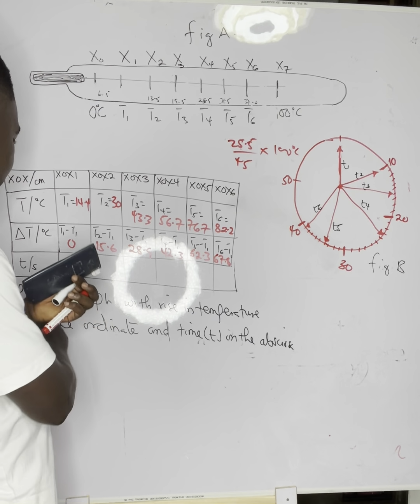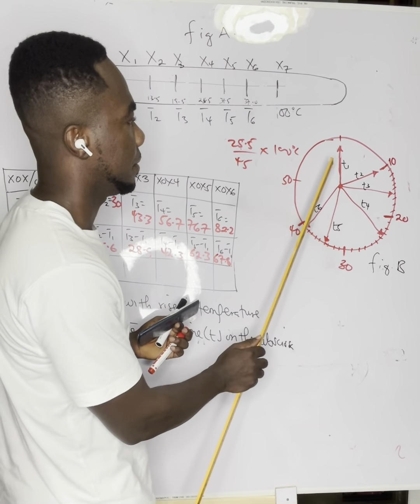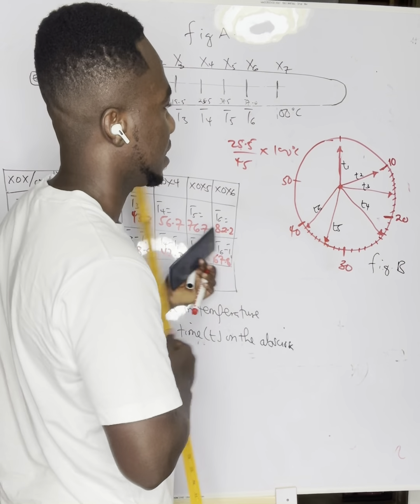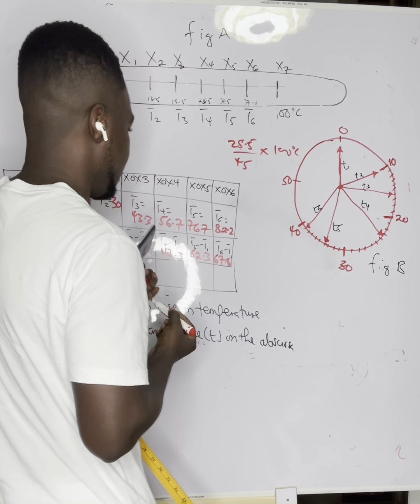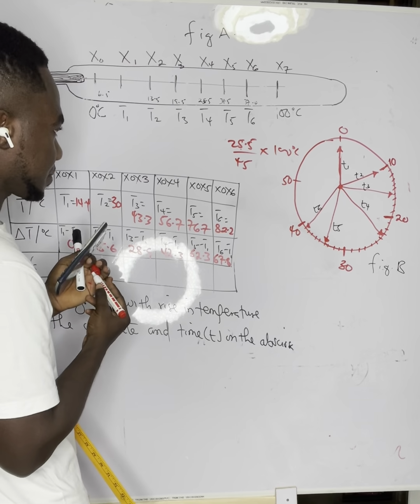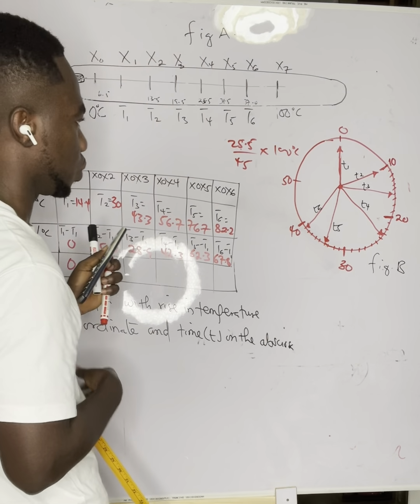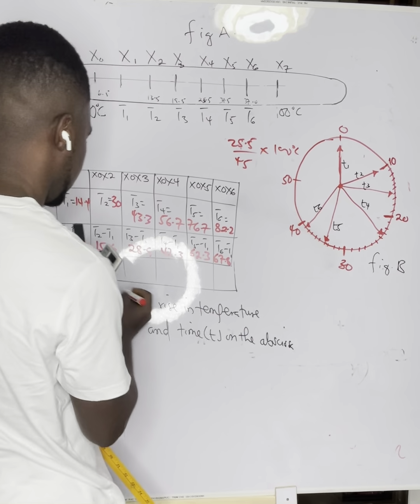Let's look at the corresponding time reading. From the time diagram, the clock diagram, I have T1 here at 0 seconds. So T1 is 0. T2 is on the 10 seconds mark, so 10.